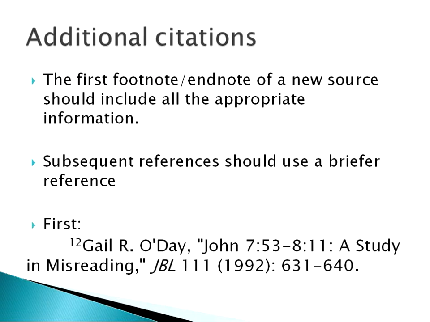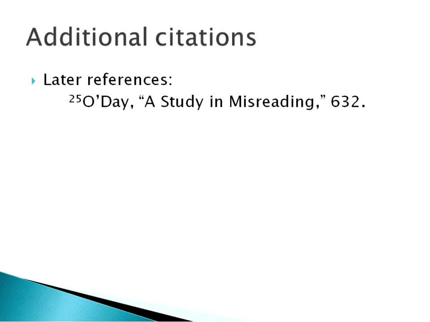So for example, in the first citation of Gail O'Day's article, this is the information I would have. Things we've already been talking about: name, quotation marks around the title of the article, the abbreviation, the volume number, the year, the page numbers. In this case, I would be citing the entire range. So I'd have the full information.